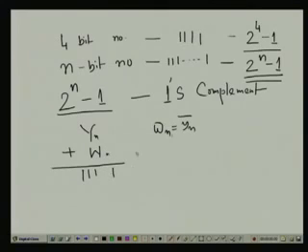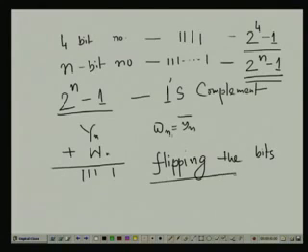So, this ones complement is just flipping the bits, and by flipping the bits it computes the ones complement.